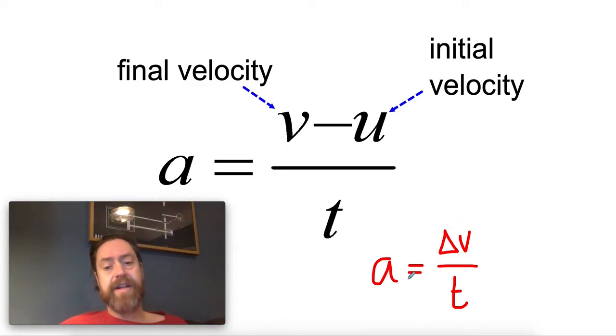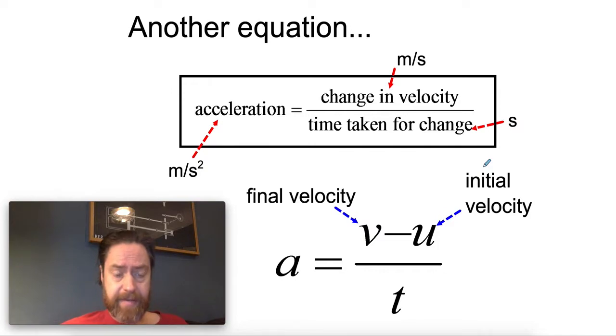So acceleration is the change in velocity divided by the time. Either of those is perfectly good, but it's worth sticking with one or the other, and it's less work than writing down the whole thing. So if you haven't taken any of that down, there is that as a summary. Pause this, take a note of it.